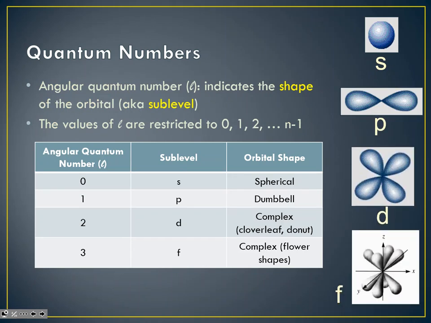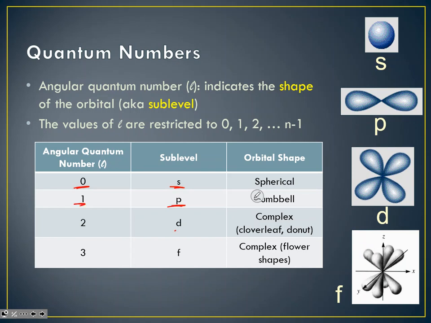The angular quantum number, L, the lower cursive L, is going to be the shape. So S is always going to be labeled as a 0. If you're in an S-shaped orbital, you get 0 for that one. If you're in a P, the dumbbell shape, you get a 1.